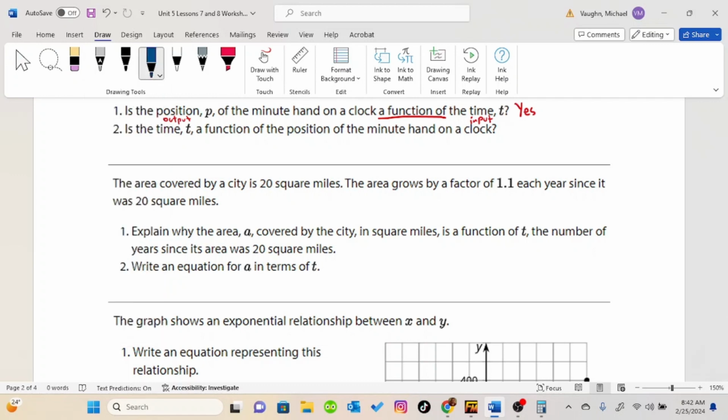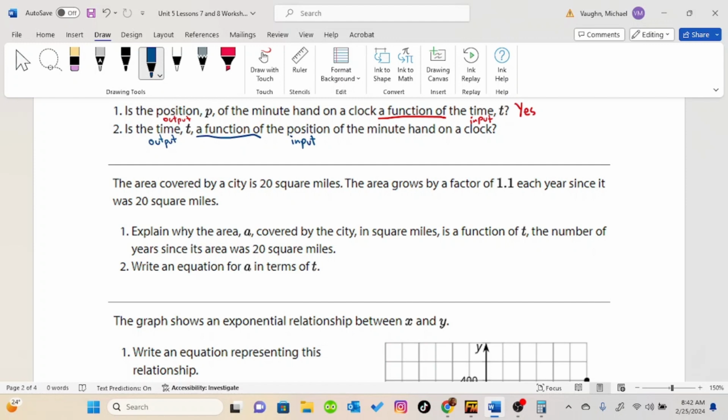Number 2, is the time a function of the position of the minute hand? That means time is the output and position of the minute hand is the input.